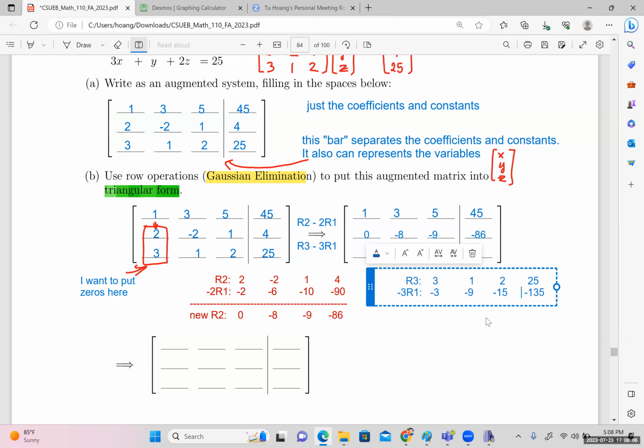Okay. Then I will add them together to get the new guy.